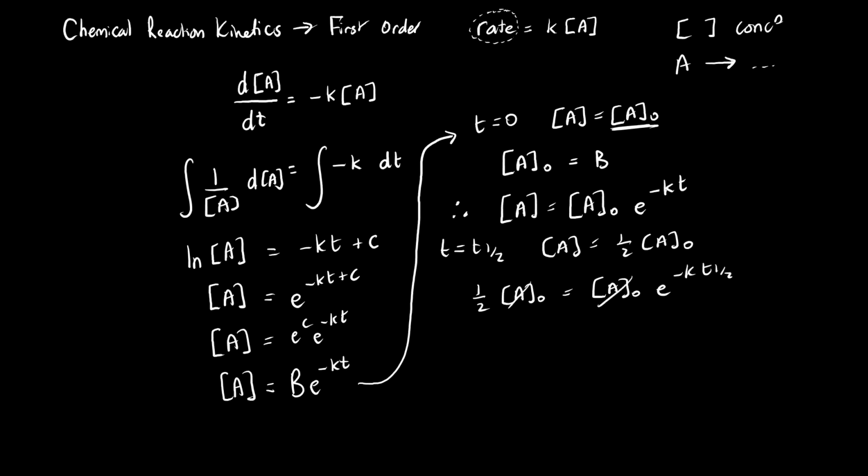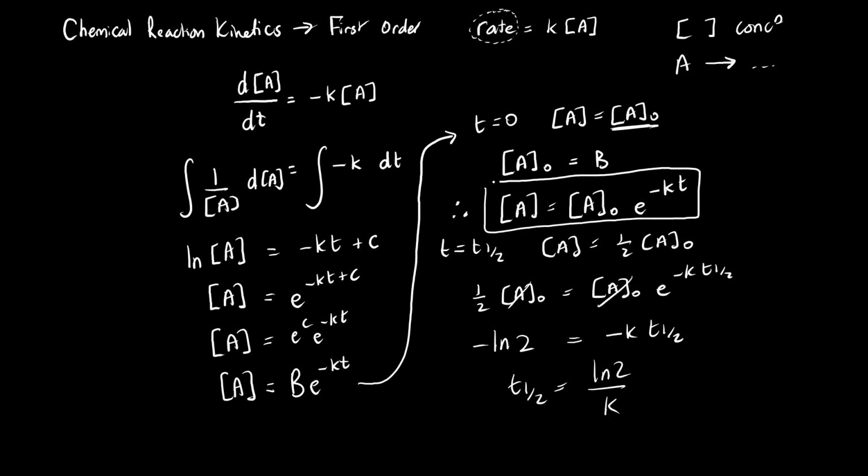Cancel out A0, take logs. Log a half, which we said before is minus log 2, equals minus k t a half. I'd get that t a half is equal to log 2 over k. Right, so that's our equation for a half-life.